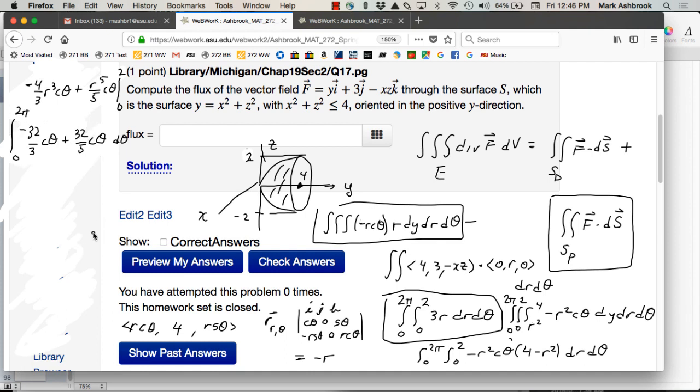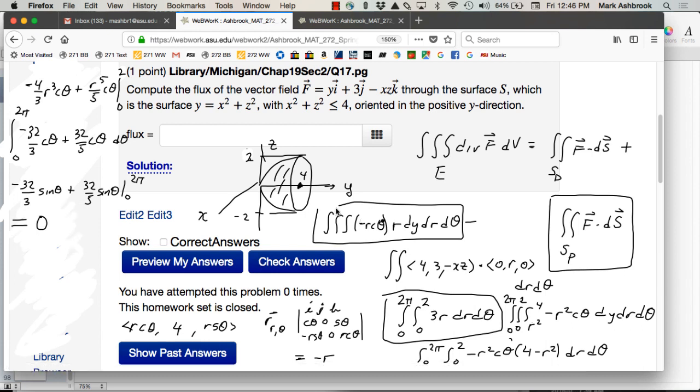Is everyone agreeing with what I got? Okay, and so this is all just going to be sine theta, right? So it's going to be negative 32 thirds times 0, plus 32 fifths times 0. Everything's 0.